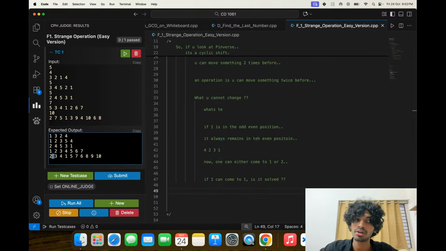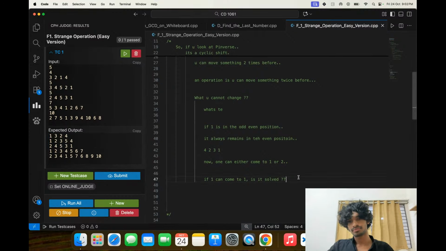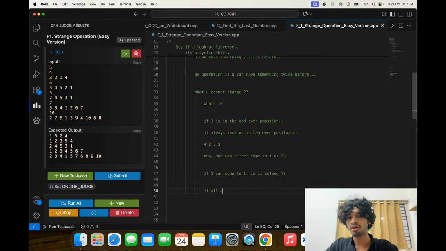In this case, 1 cannot come to first position, 2 cannot come to first position, 3 cannot come to first position, it seems.